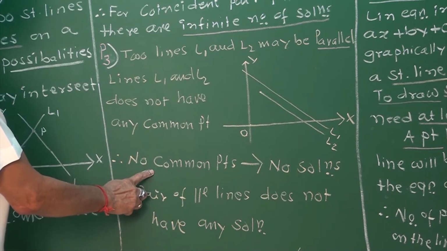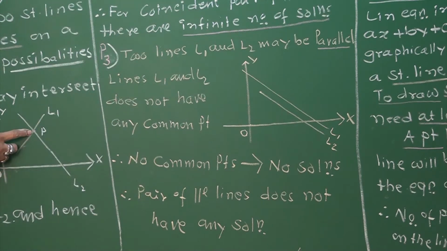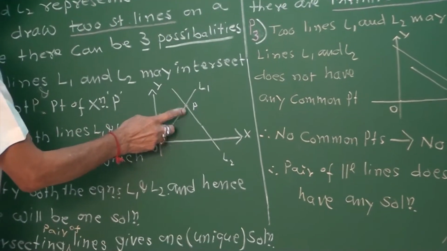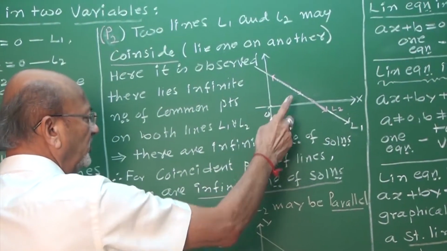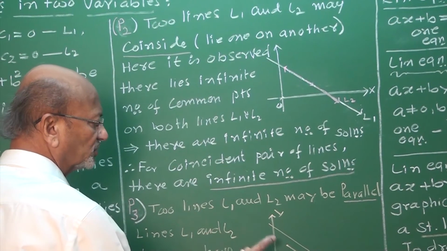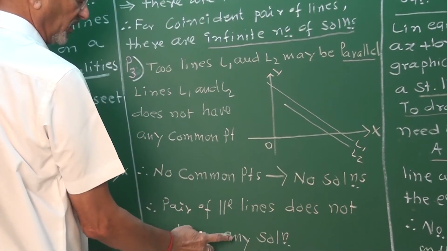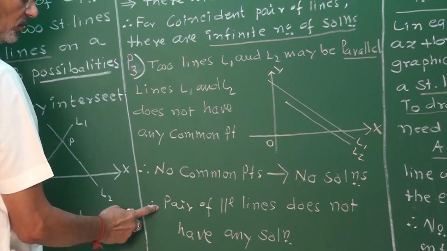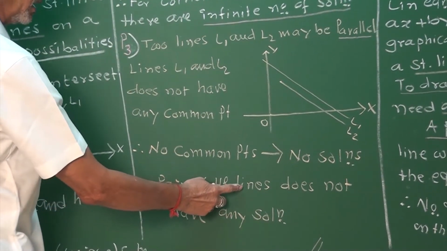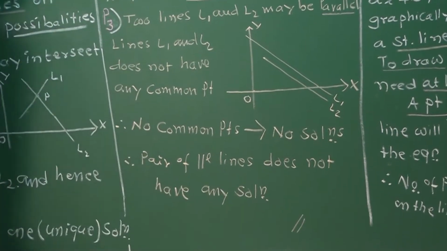A common point is the solution. One common point, one solution. Infinite number of common points, infinite number of solutions. No common point, hence no solution. Therefore, a pair of parallel lines does not have any solution.